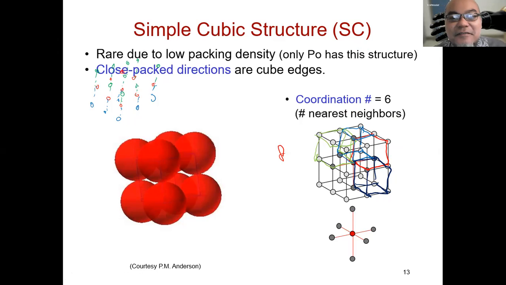Can you open your microphone, Anjali? Hello, Anjali? Are you there? Can you answer the question? You can answer via the chat if you want. How many atoms does a single unit cell here in the simple cubic structure have?